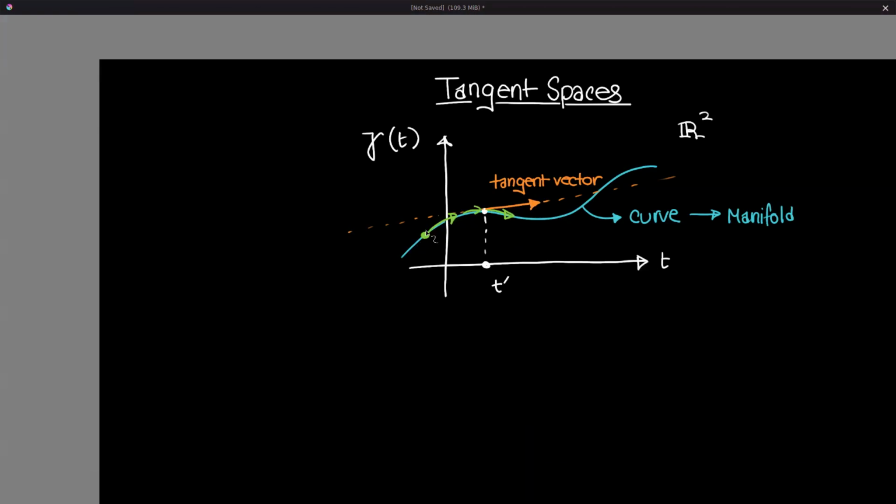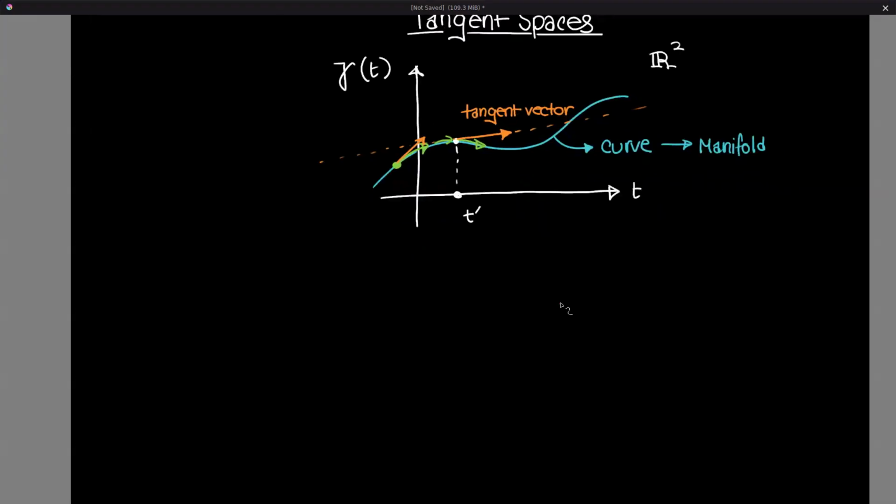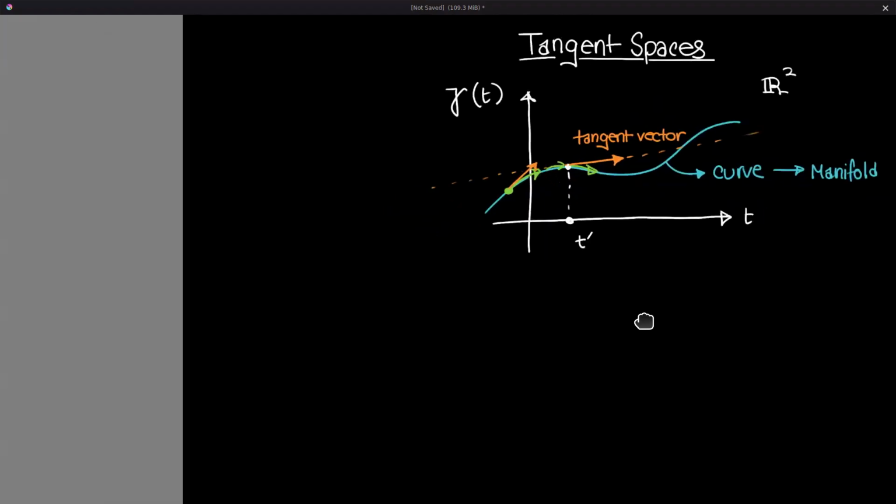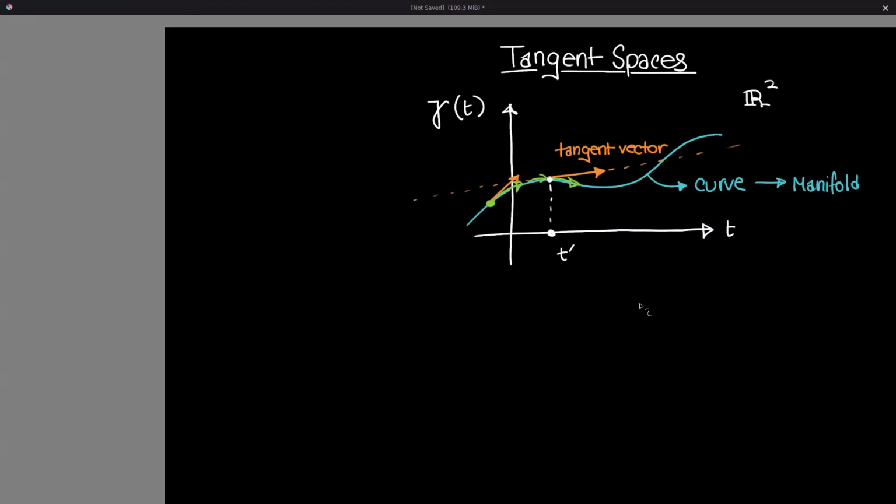And its instantaneous velocity, according to calculus, will give us an arrow that is tangent to that curve. I'm not getting into all of this in detail because you go into detail in multivariable calculus and such things. So we're going to focus on the manifold version of it. I'm just making reference to what you've learned already.